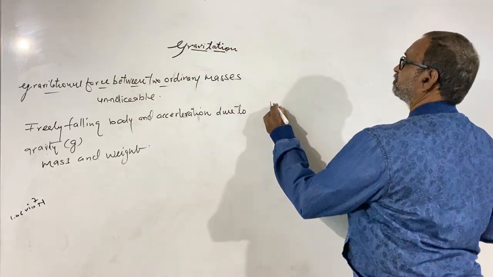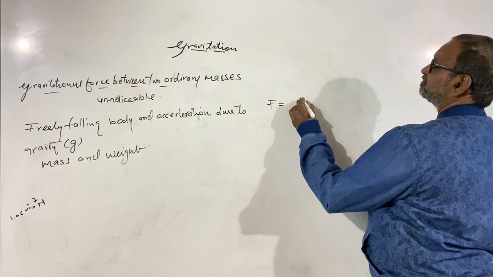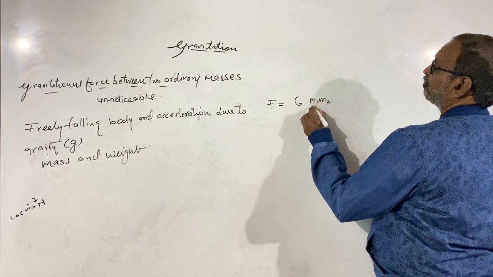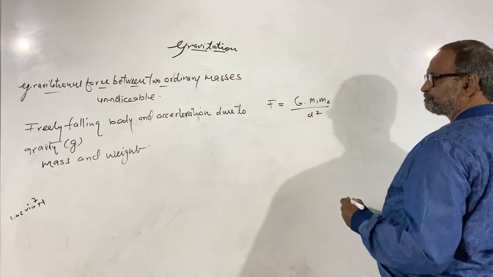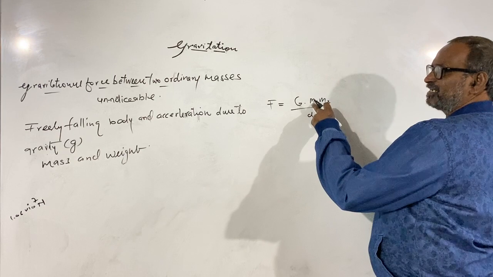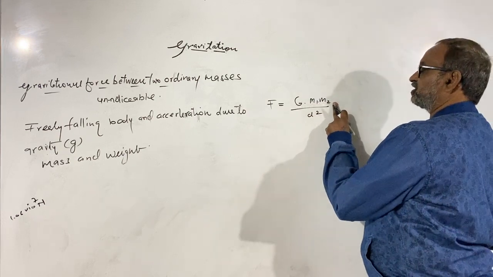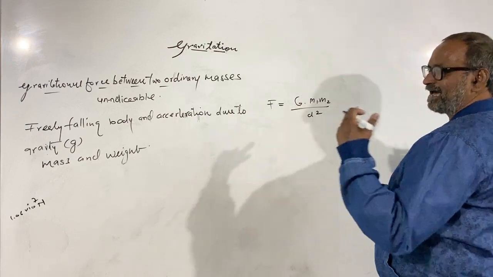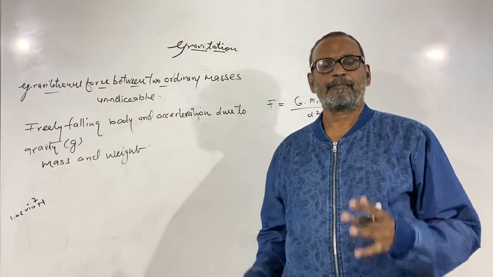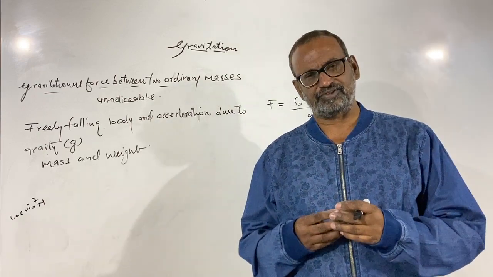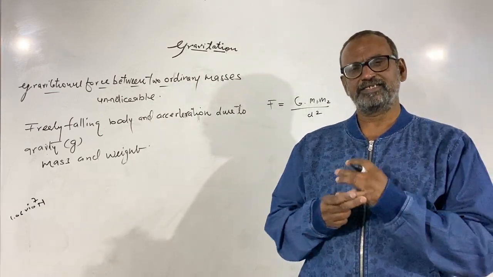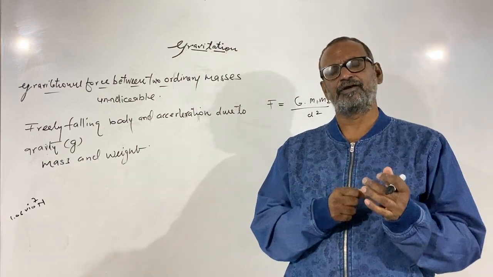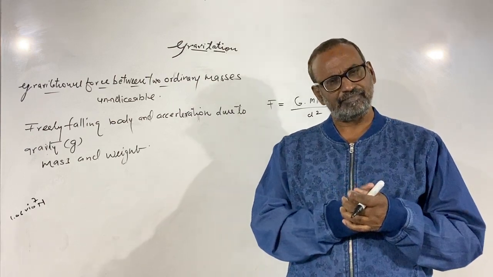So, gravitational force between two bodies is equal to G into m1 into m2 over d square, where m1 is the mass of the first body, m2 is the mass of the second body, d is the distance between them, and capital G is the universal gravitational constant, whose value is 6.673 into 10 to the power minus 11 Newton meter square per kilogram square.